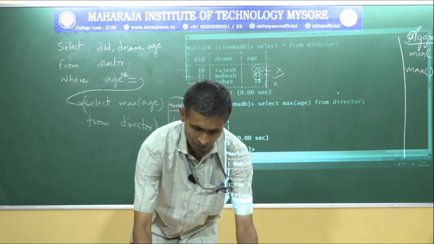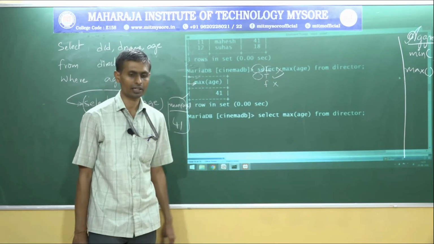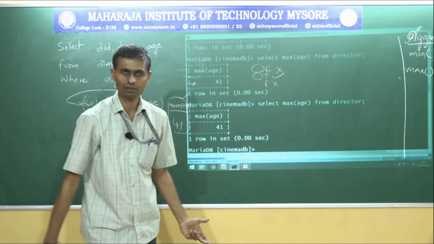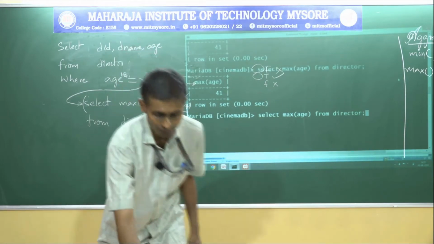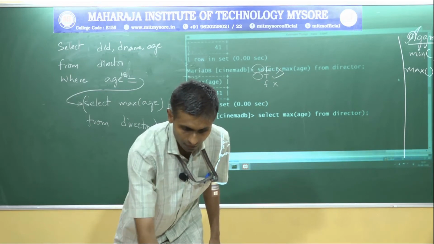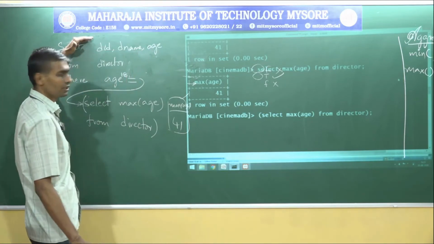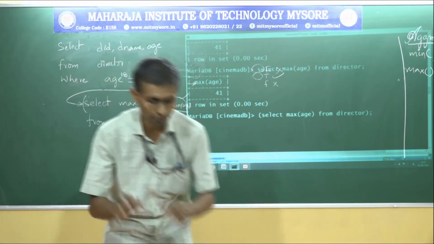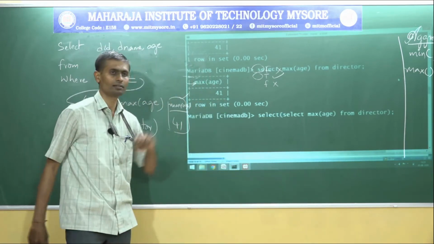So let me check. This is the query: select maximum age from director, where it displays the maximum age. Then what we did is, we made this one query and we went outside of this query, right? There we have written one more query. We started again with a select clause.